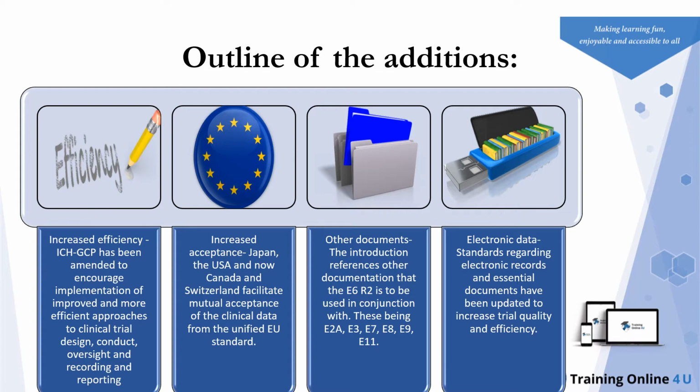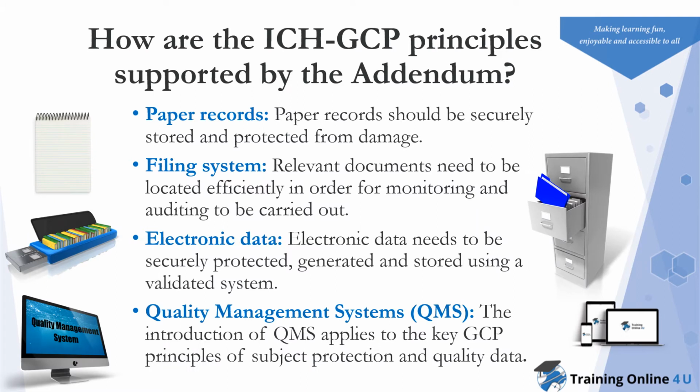Electronic data. Standards regarding electronic records and essential documents have been updated to increase trial quality and efficiency. As we mentioned, the original principles of ICH E6 still stand, but the addendum added more information to support these principles. Firstly, paper records. Paper records should be securely stored and protected from damage.